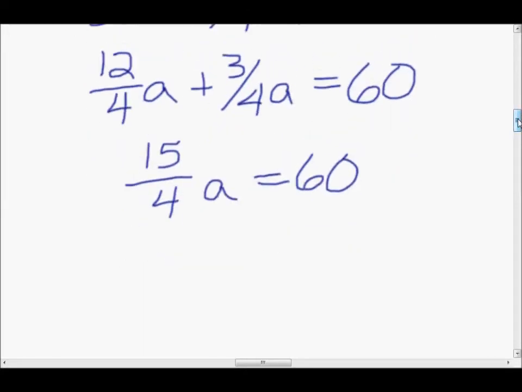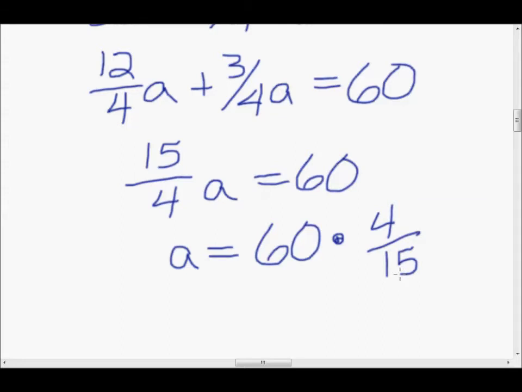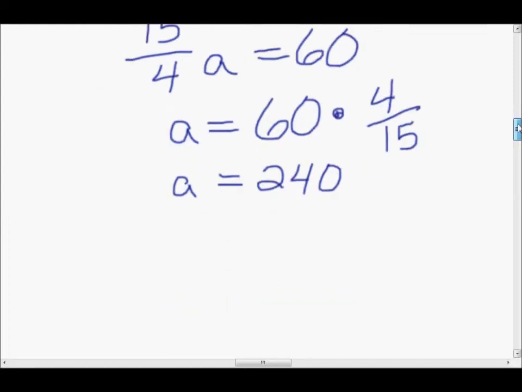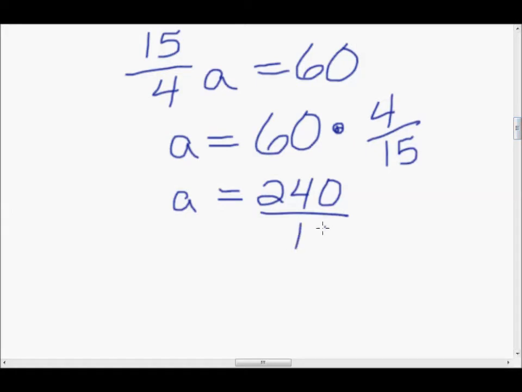Then we need to move that 15 over 4 to the other side, so we're going to do a equals 60 times 4 over 15, because remember, you flip it over when you're dividing by a fraction. And that's a equals 240 divided by 15, and that is a equals 16.